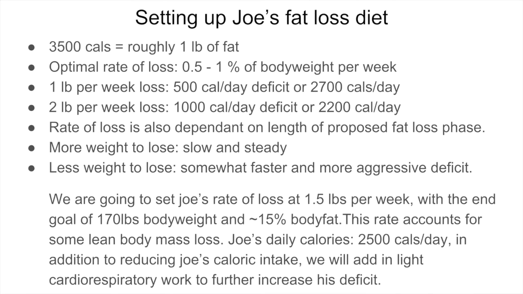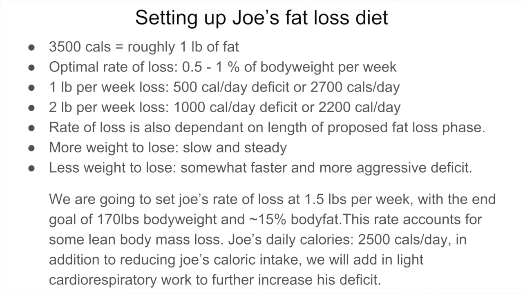So rate of loss is also dependent on the length of your proposed fat loss phase. More weight to lose would give us a slower and steadier fat loss phase, whereas less weight to lose, you could be somewhat faster and more aggressive in your deficit just because we don't have to endure it for that long. So we're going to set Joe's rate of loss at 1.5 pounds per week with the end goal of 170 pounds body weight and 15% body fat.